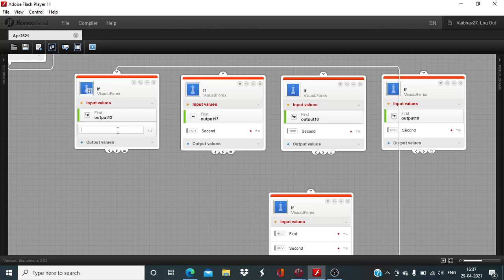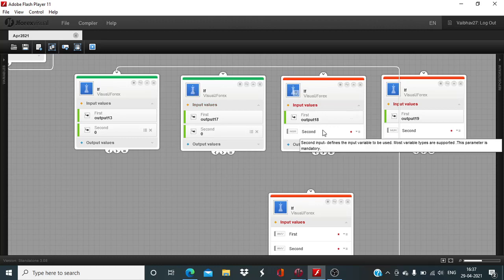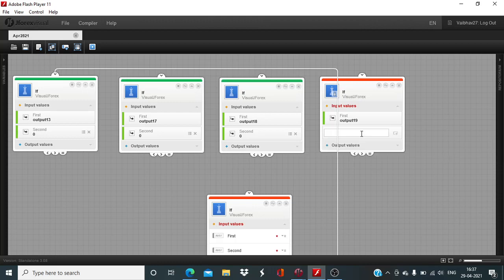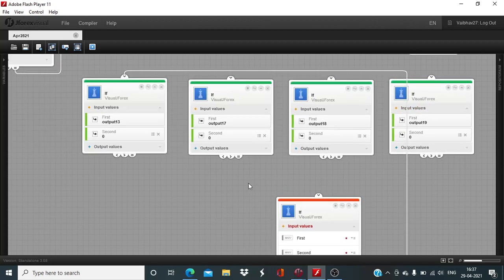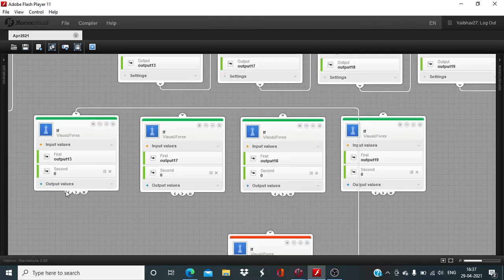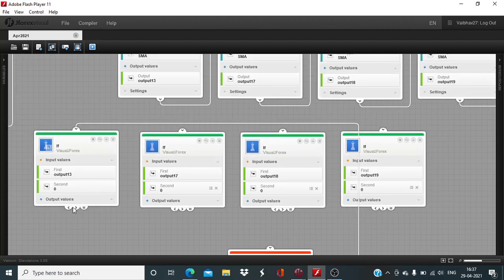Second input is going to be comma 0. First input less than second input.